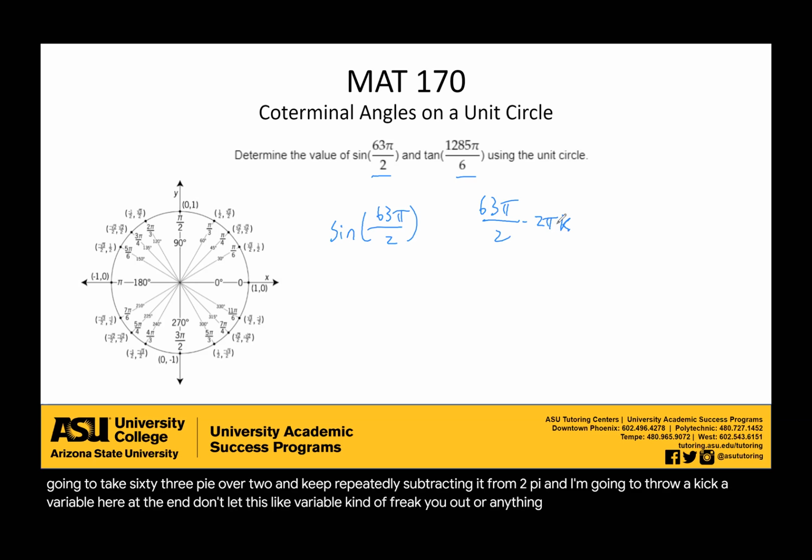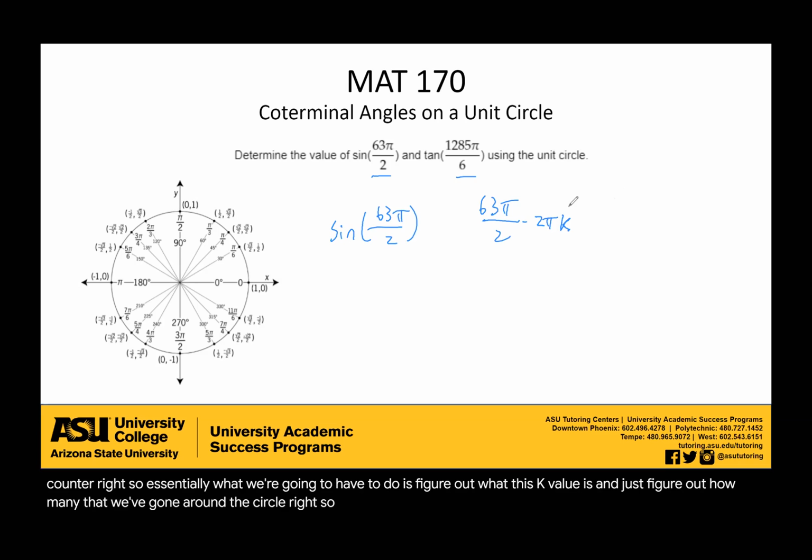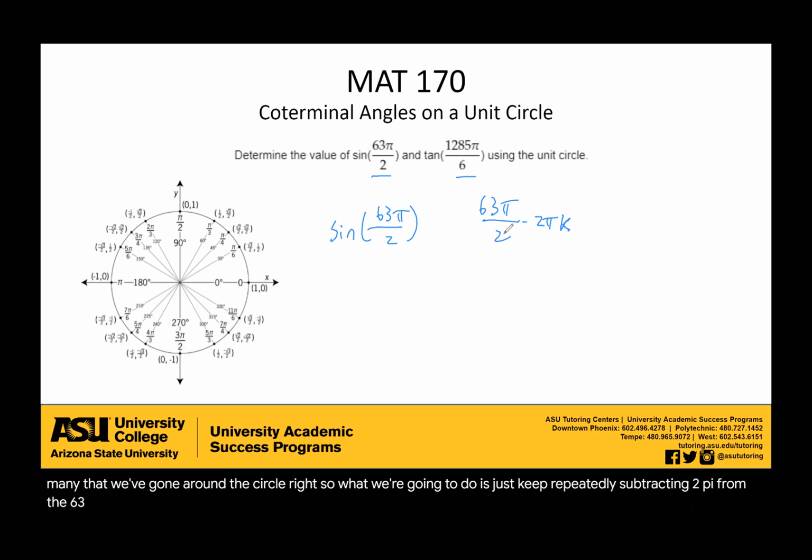Basically, this is just going to be our counter. This k value is how many times we've gone around the circle. So we're going to keep repeatedly subtracting 2 pi from the 63 pi over 2 until we get to a point where this is less than 2 pi. Then we know that's where our stopping point is.